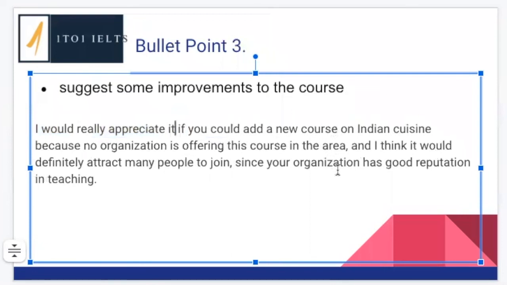And I think it would definitely attract many people to join, since your organization has good reputation in teaching. Reputation is actually, the expression is countable. So we need has a good reputation in teaching. A reputation in is strange. You have a reputation, what will be the preposition?